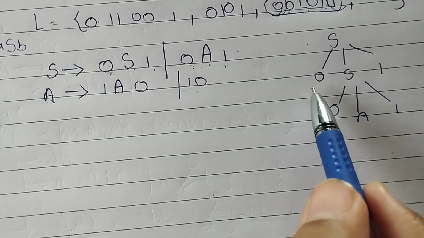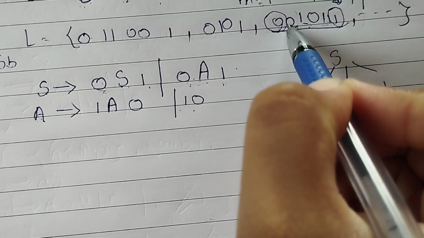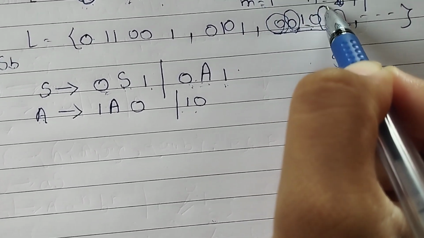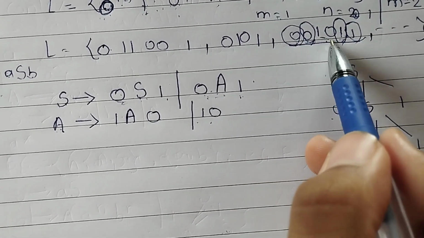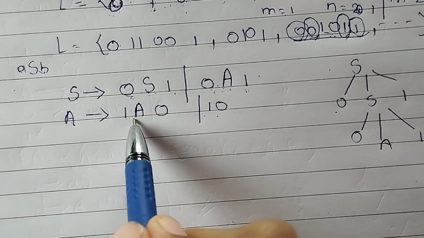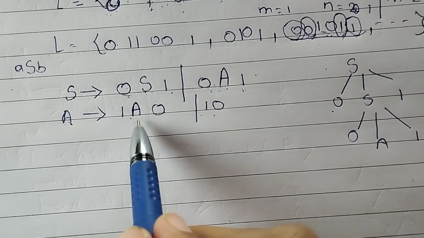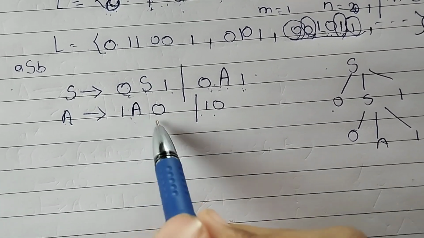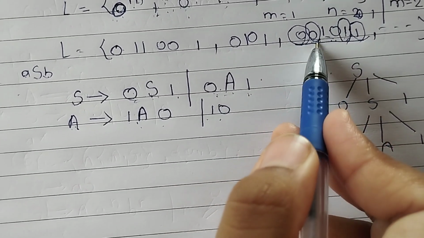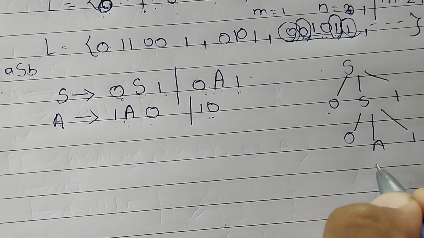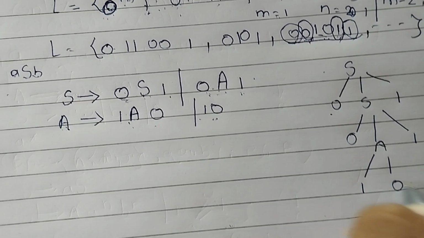So here I read 2 zeros. Now this 0 is also complete, and this 1 is also complete. Now in this middle I want only simply 1 and 0. When I want n number of 1 and 0 in between these two productions, but here I only want one, so simply I read 1 and 0.